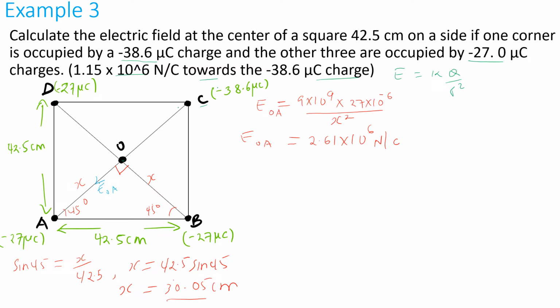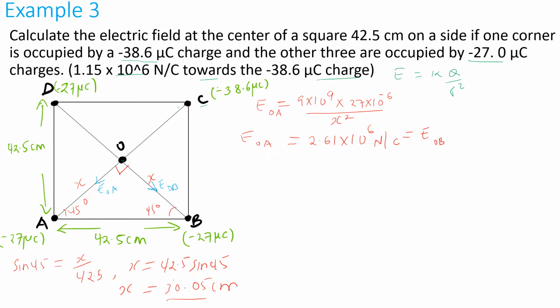Then EOB: B is a negative charge, so EOB is also going to be towards B. You realize that the charge at B is the same as the charge at A, so the value that we shall get is going to be the same as EOA.